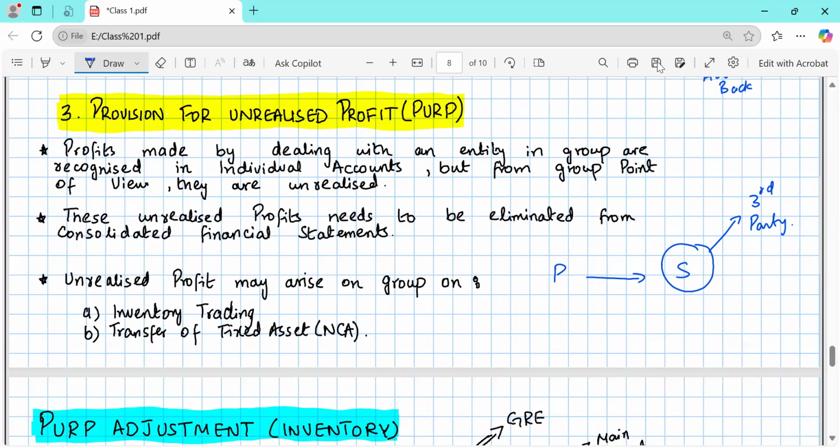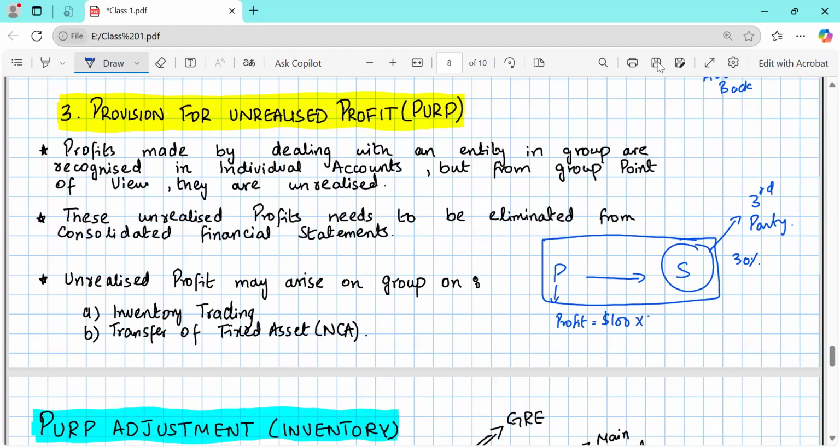I will give you an example. For example, a parent company made an inventory transfer, or goods sale, to the subsidiary company and earned a profit of, let's say, $100. Now, the subsidiary transferred 30% of that inventory to a third party. So the profit that I earned is 100, but out of that, 30% of the inventory has gone out of the group.